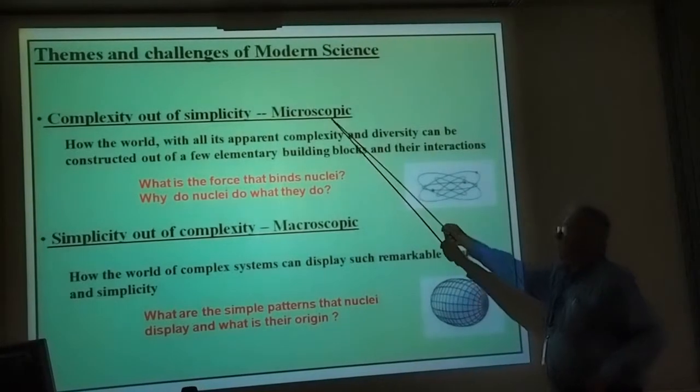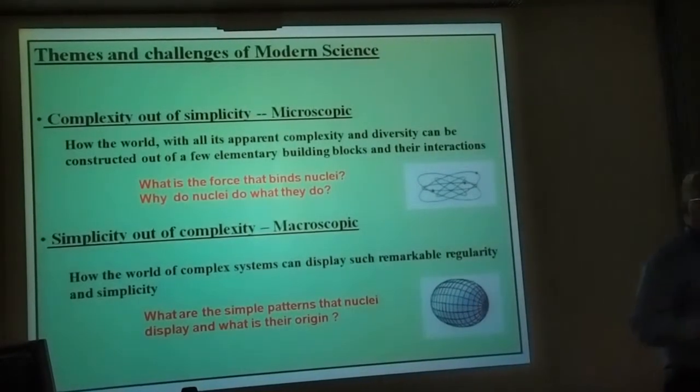One is a microscopic approach, where you look at the behavior of the individual constituents. So, for example, the individual atoms in a crystal, the individual protons and neutrons in a nucleus, the individual penguins in Antarctica, and you look at how they interact with each other.